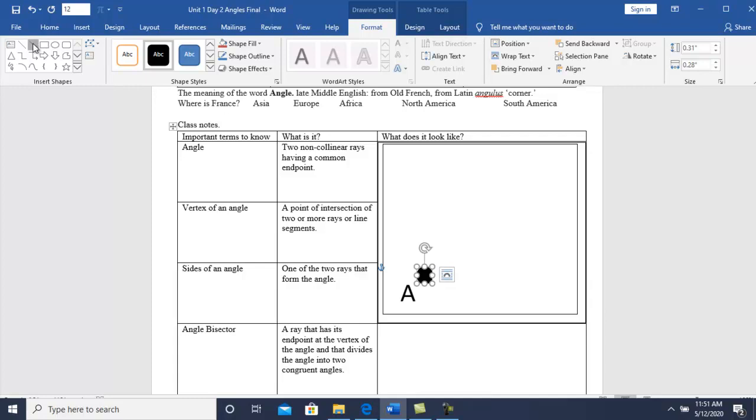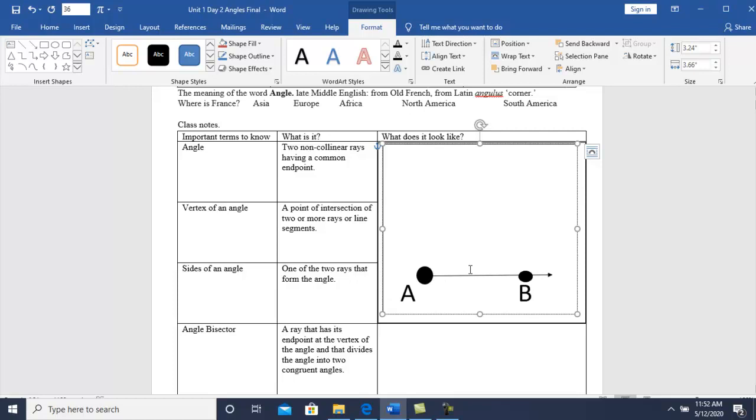So we're going to draw two rays, and they're non-collinear. Now remember, non-collinear means they're not going to lie on the same line. So for example, this first ray here, we'll call that our second point, B. So there's point A, B. That's a ray.